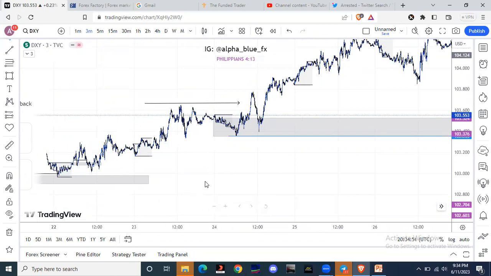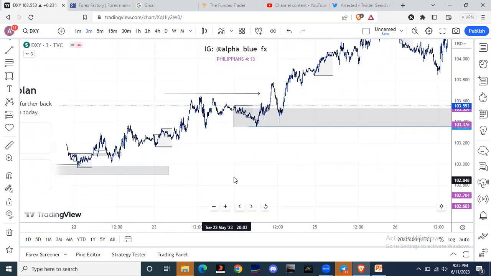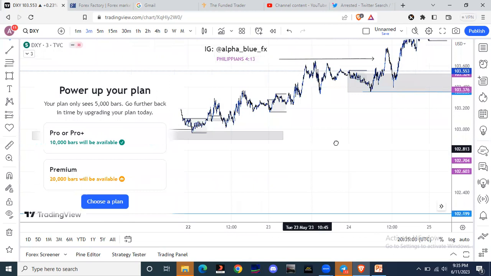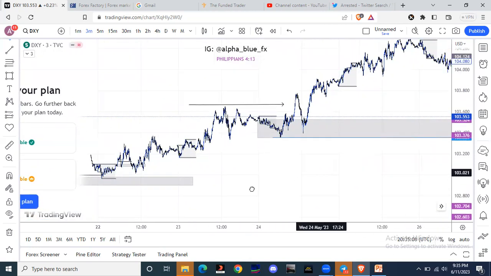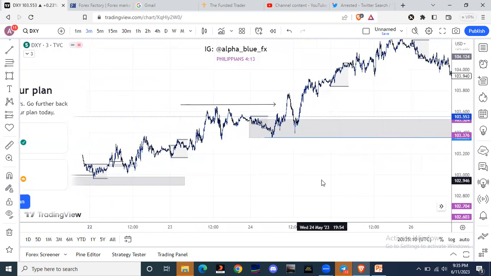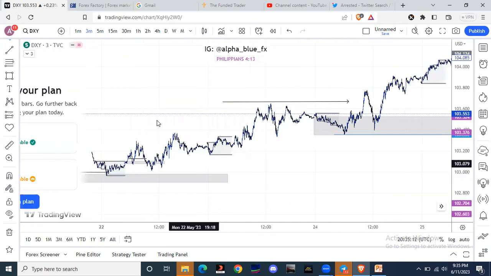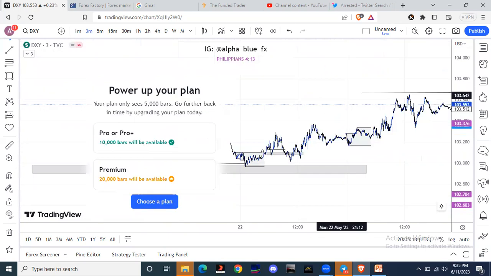Liquidity is the buy orders, sell orders, sell limits, buy limits, buy stops, stop losses, take profits. That is what liquidity is, and that is what is needed for price to move the way it is moving.